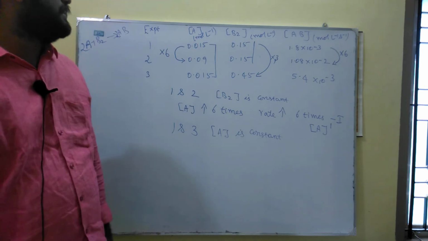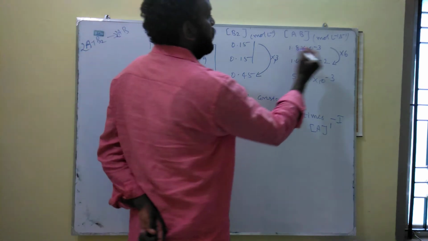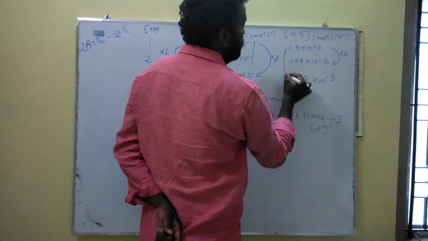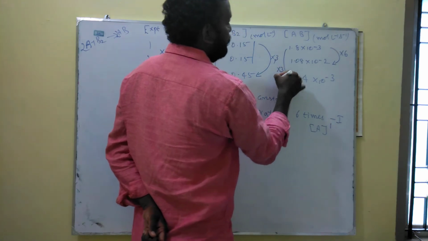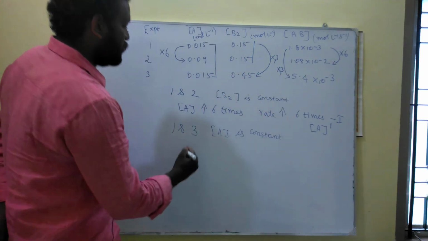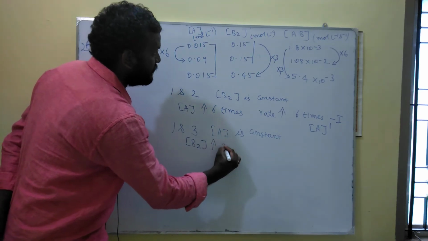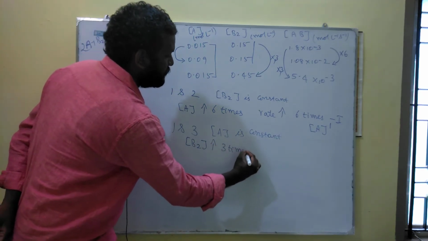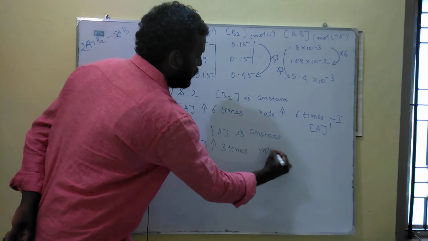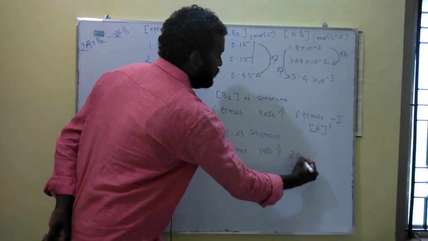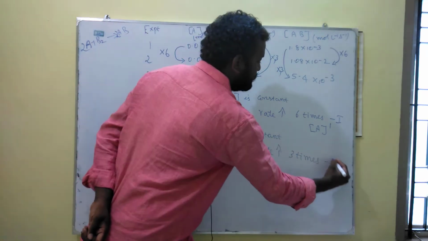From 1 to 3, the rate also increases 3 times. So the concentration of B2 increases 3 times, then the rate of the reaction also increases 3 times, hence it is first order.